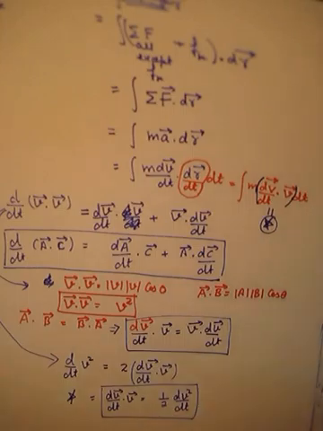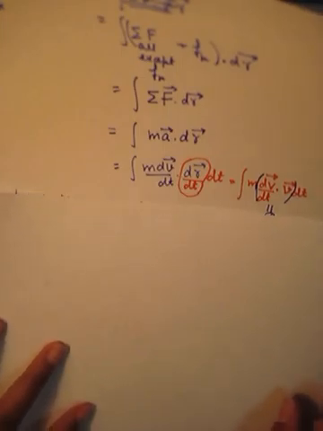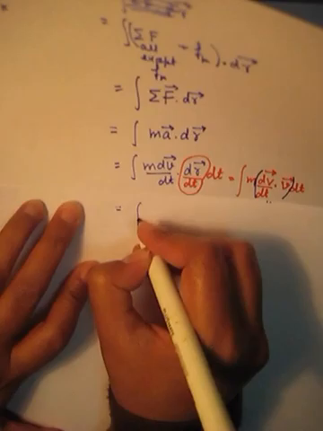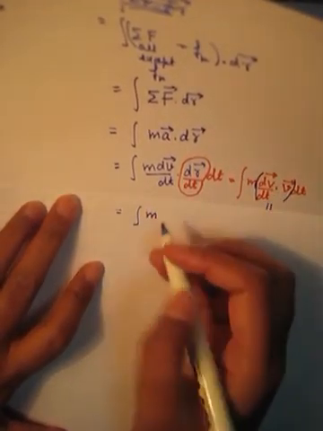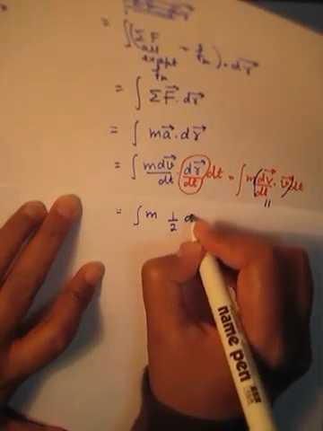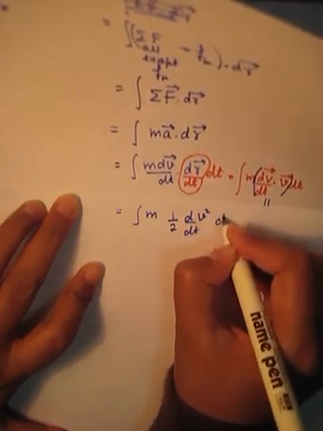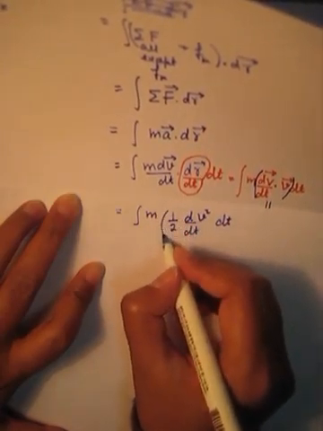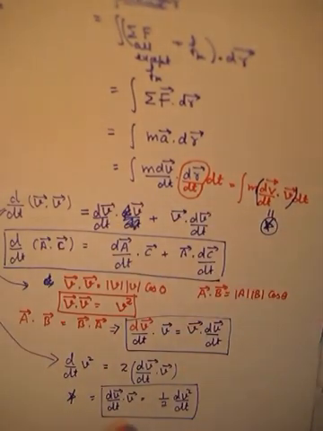Okay, so it means that now this equation would be integral of m. Now we know that this is equal to 1 upon 2 of d upon dt of V square, into, we just replace this term, which is 1 upon 2 of dV square upon dt, which we've just found here.